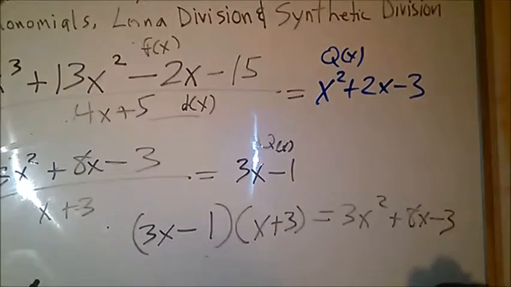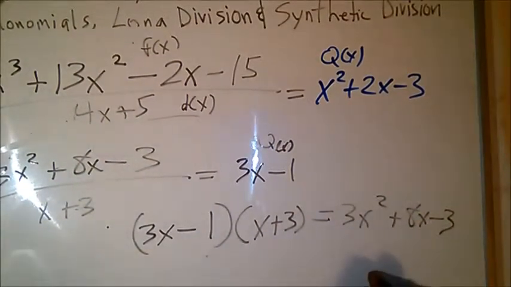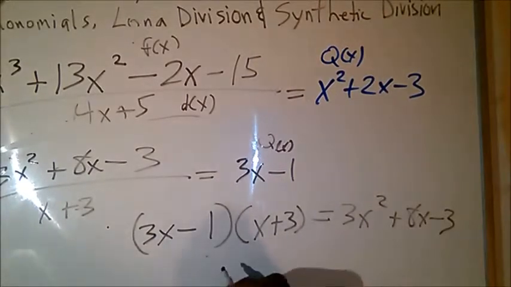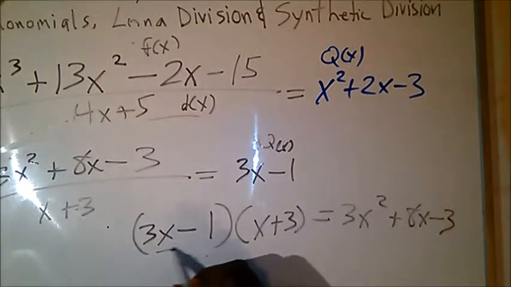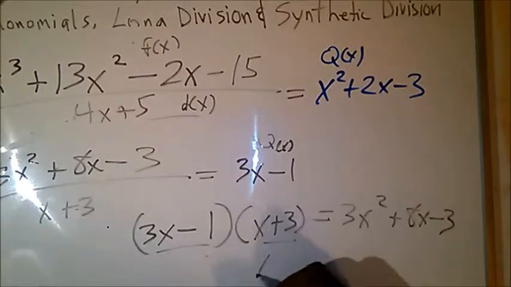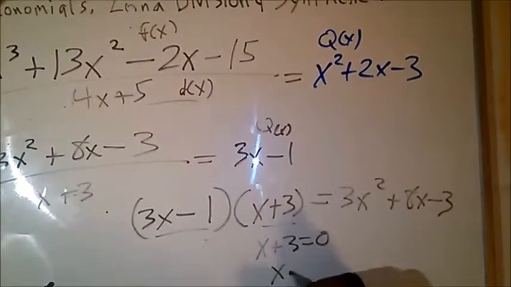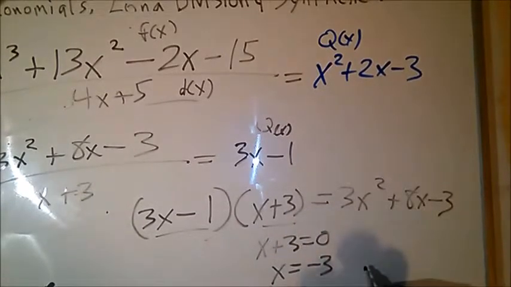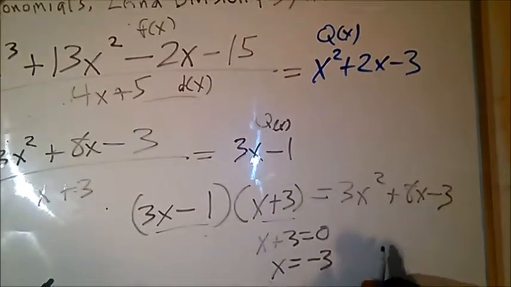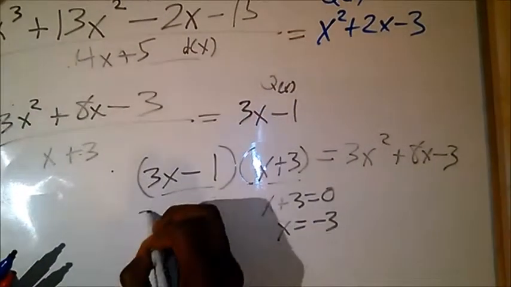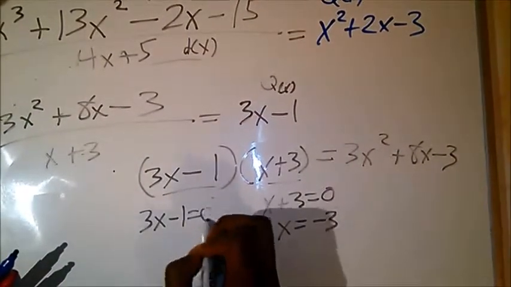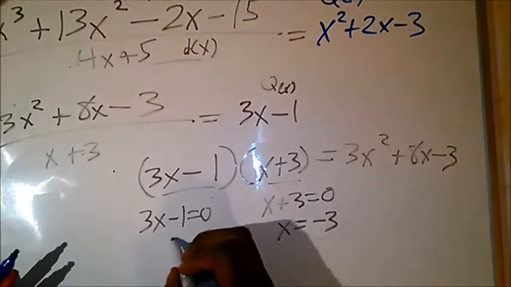Right? And if we try to find the zeros for this one, we take x plus 3 and set it equal to 0. x will be equal to negative 3. So that will be a zero. That will be an x-intercept. We do the same thing with 3x minus 1 equals 0. Solve for x.